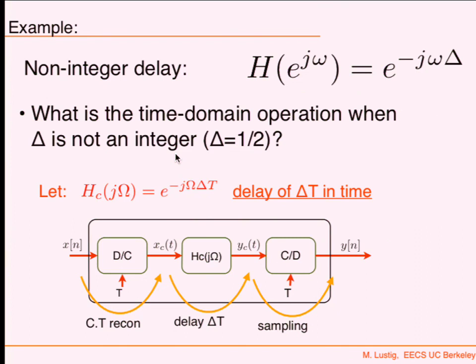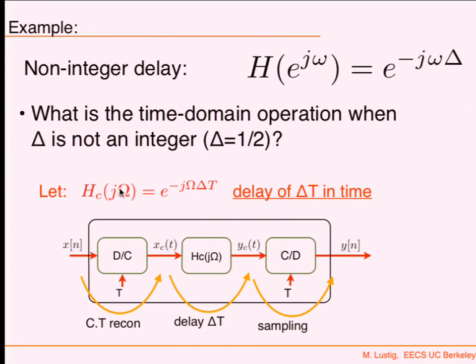I don't know how to do a half a shift. What's half a shift? It's weird. Well, let's see, how does it look? What is the continuous time representation of that type of system that will give you this? And see, does it make sense at all? So what is the time domain operation?